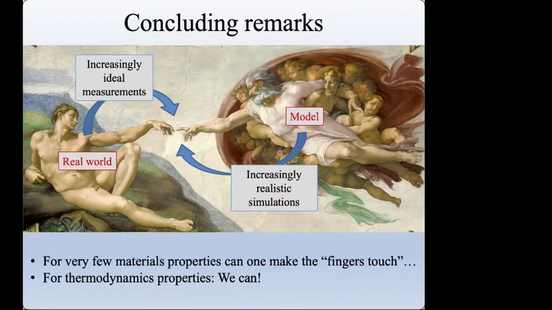And on the side of the modeling, we've had to introduce defects. We start with something very ideal, like a perfect crystal at 0 temperature, which never happens. And we have to add defects. We have to add vibrational, electronic, and configurational contributions. And even some things like very advanced exchange correlation functionals are sometimes needed to get the right result for high temperature.